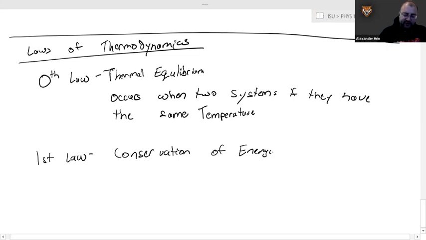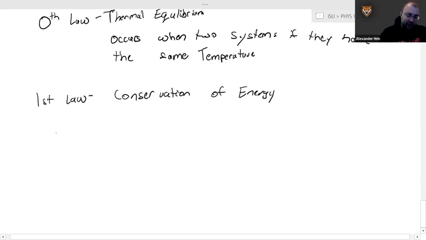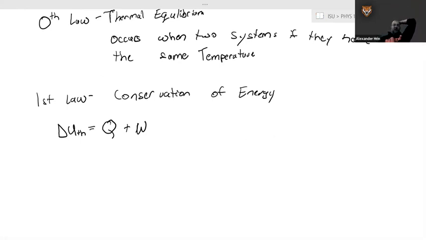All right, now the first law: this is conservation of energy. When it comes to the conservation of energy, we're looking at the thermal energy of a system. This can be changed in two ways in the context of thermodynamics: by adding heat or by doing work on the system. Heat can be added in a number of different ways. It can flow spontaneously from a hotter region. You can have locally hot regions within the system generated through chemical reactions or things like that.